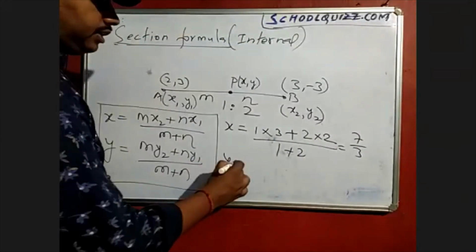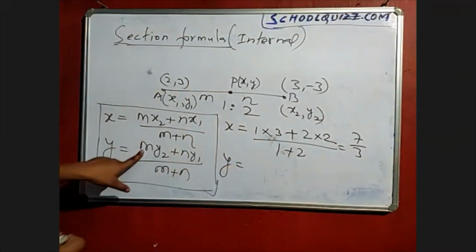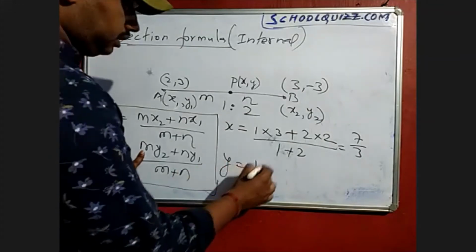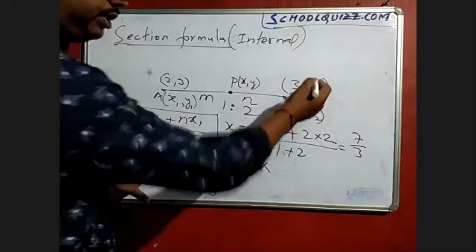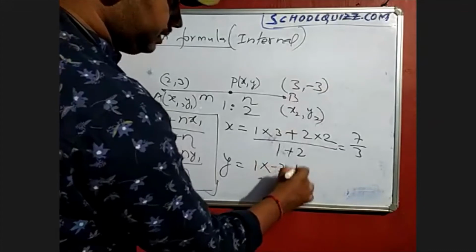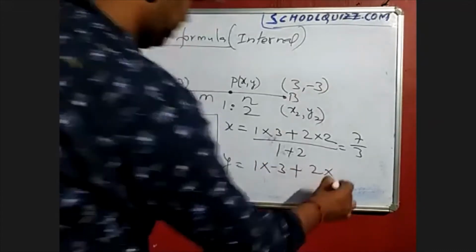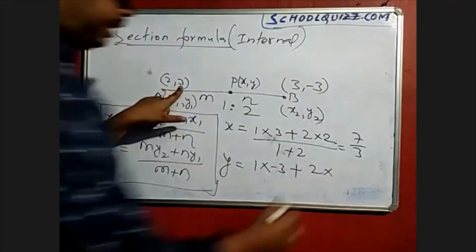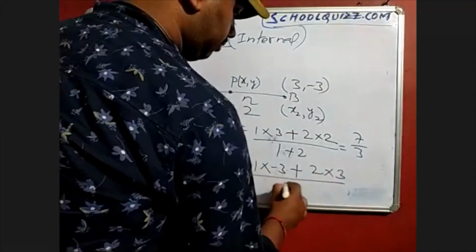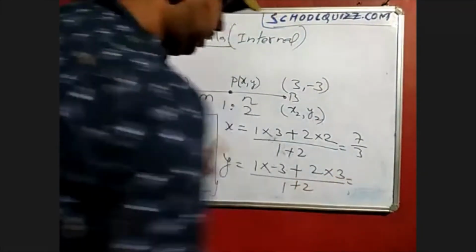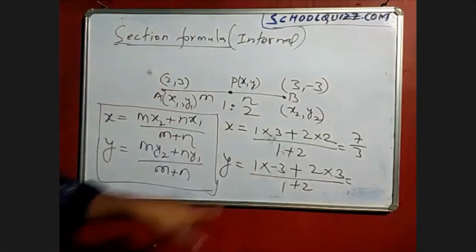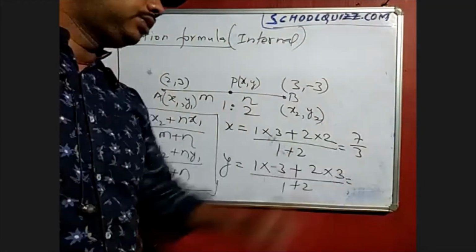Same for the y coordinate: my2, where m is 1 and y2 is minus 3, plus ny1, where n is 2 and y1 is 3, divided by 1 plus 2. So 1 into minus 3 is minus 3, plus 2 into 3 is 6.